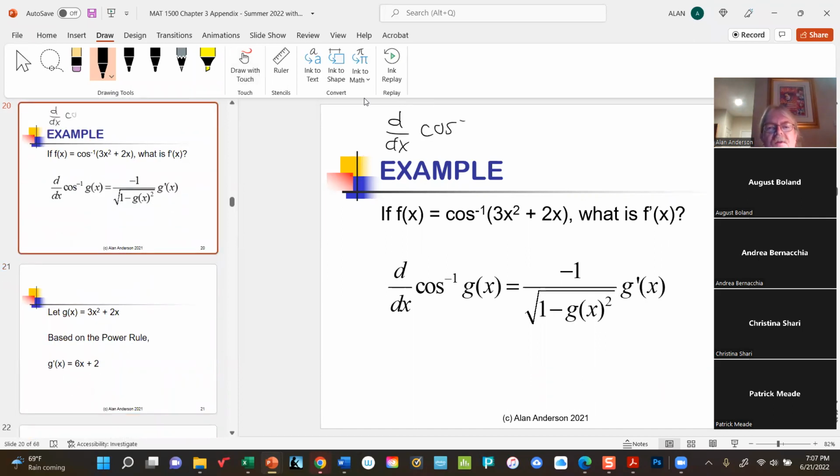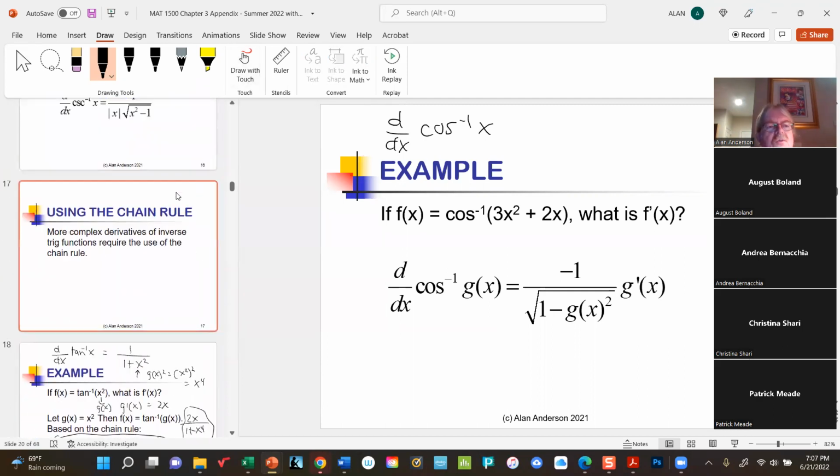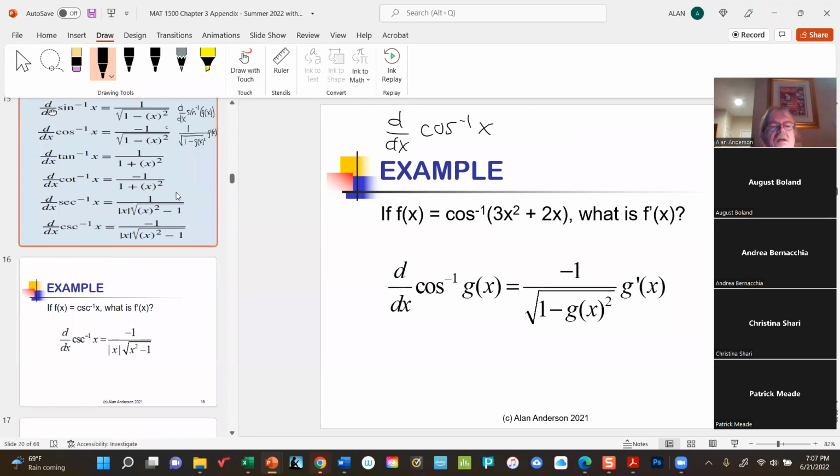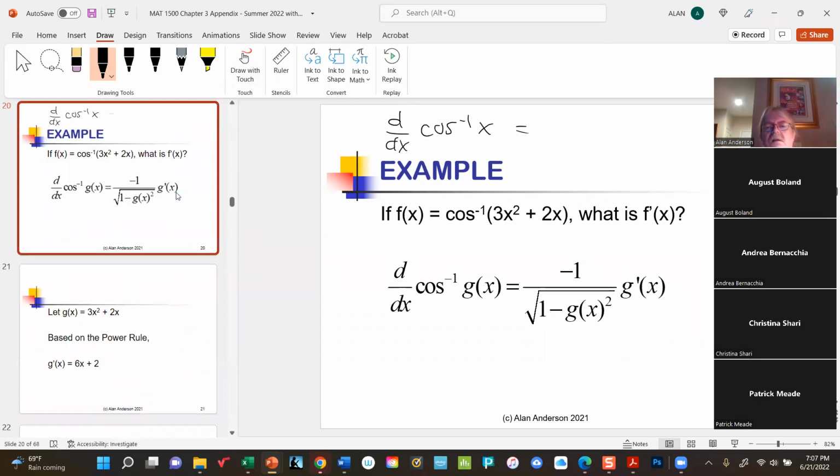If we're dealing with just plain old arc cosine of x, the derivative would have been -1 over radical 1 minus x squared. So here, what has to happen is this is now g of x squared. And then we need this g prime of x.